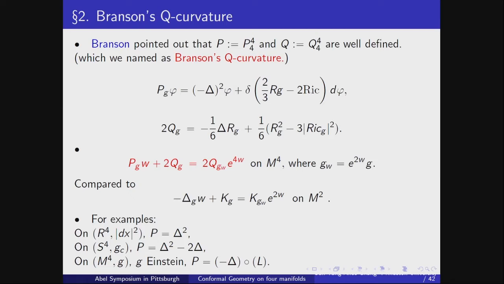The contribution of Branson is to say this is worth studying: it satisfies P_g w plus 2Q_g equal to the conformal change 2Q_{g_w} e^{4w}. So this equation on a 4-manifold is compared to the Gaussian curvature equation on a 2-manifold. He says that this Q curvature plays a role in PDE similar to Gaussian curvature on surfaces.